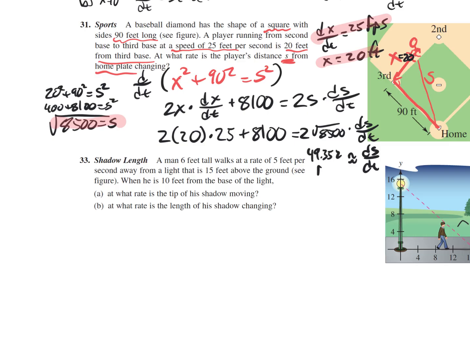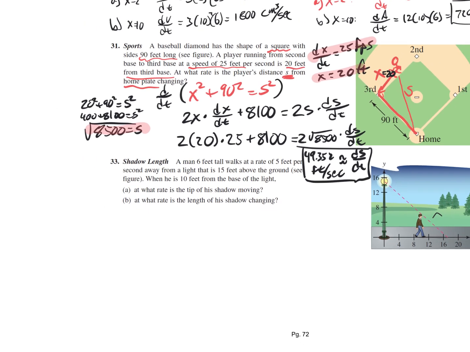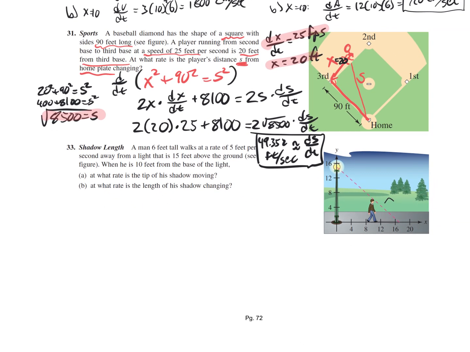And this would be feet per second. Don't forget units. Okay? All right, that's the idea. Again, find an equation that connects the variables, take the derivative, plug in what you know. The picture is real helpful here, too.